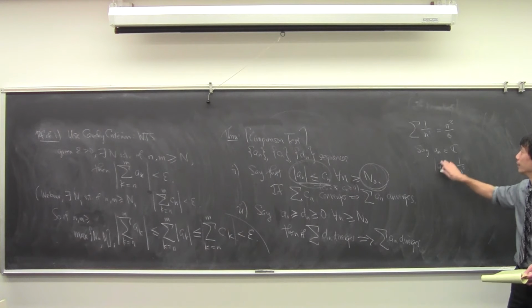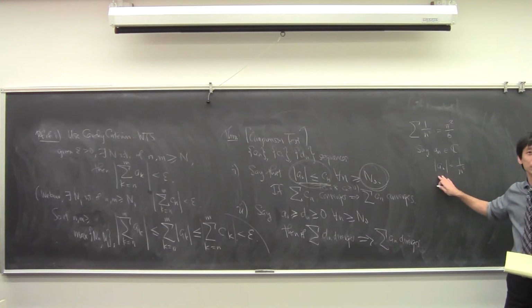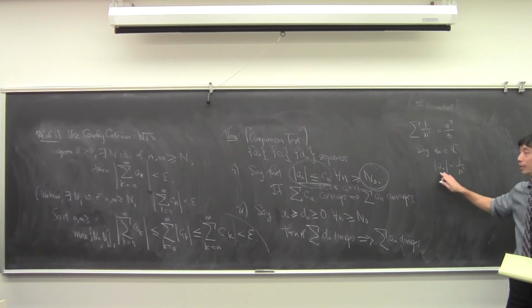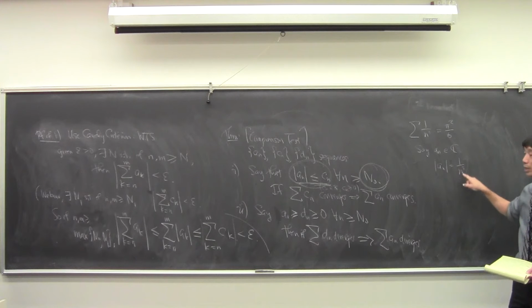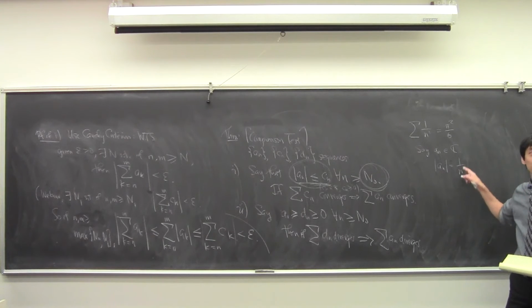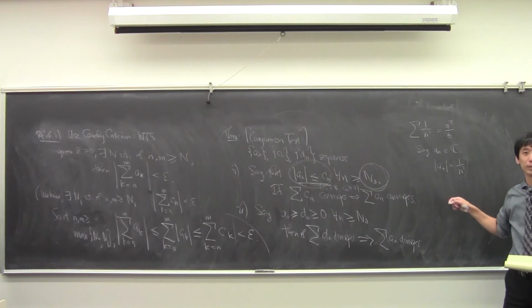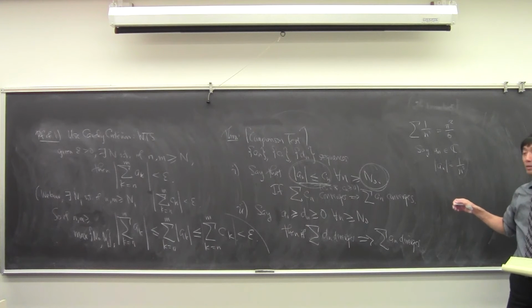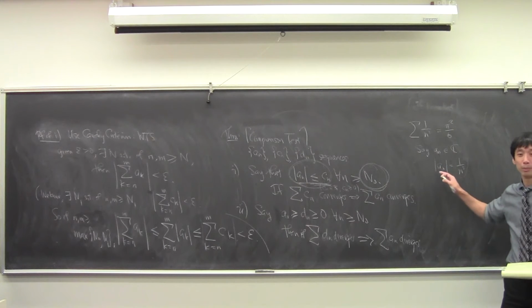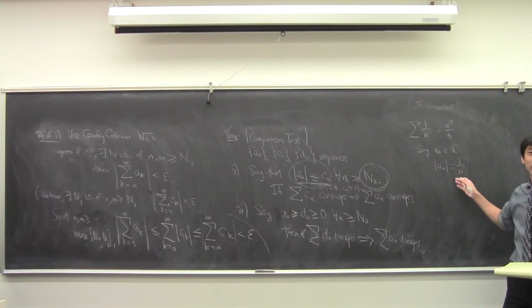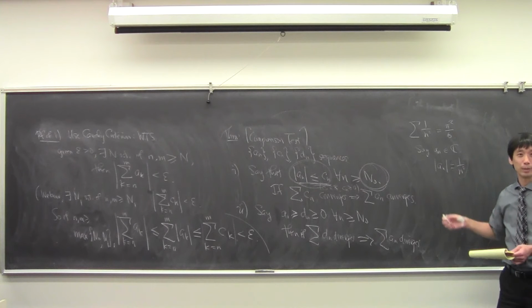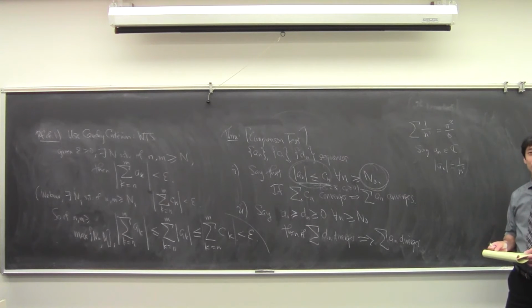That would tell you that the sum of the complex numbers is going to converge, because the modulus is dominated by 1 over n squared, and the sum of 1 over n squared converges. So you can choose any complex numbers whose size is less than 1 over n squared, and that series, the sum of them, would have to converge.